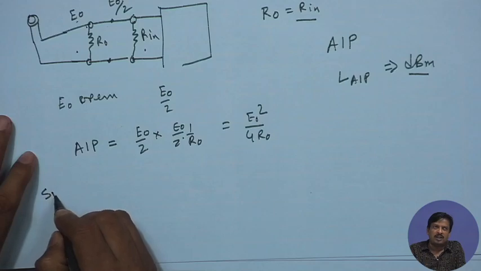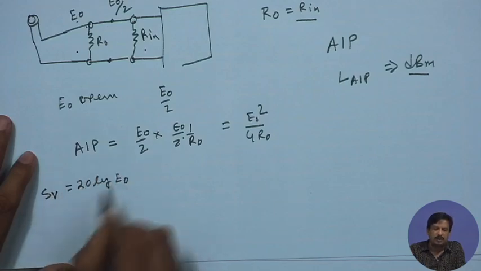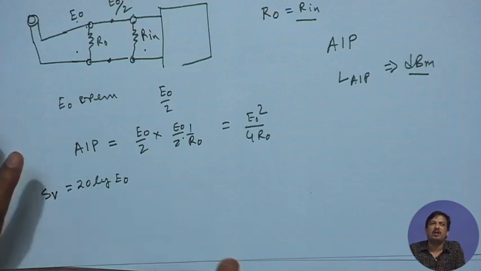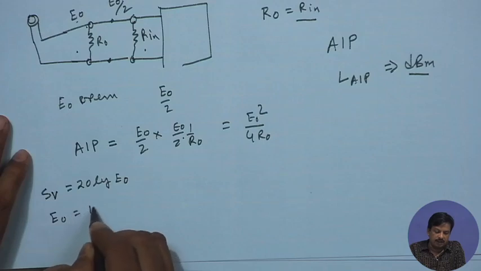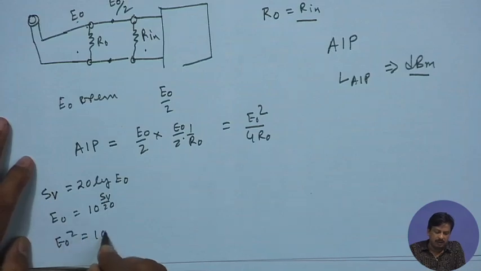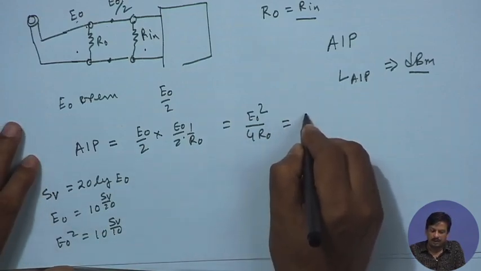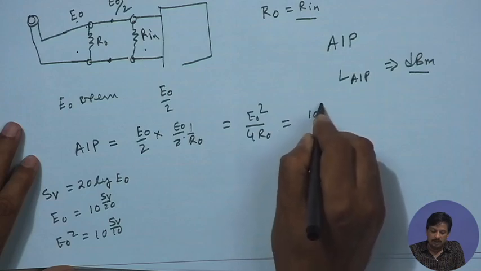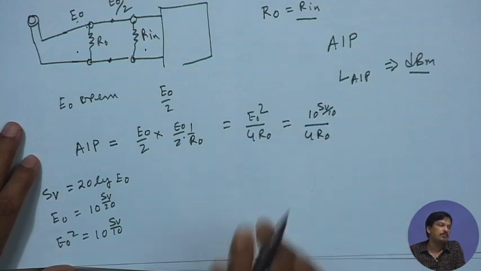If the voltage sensitivity of the microphone is SB, then 20 log E0 is SB. So, E0 is 10 to the power SB divided by 20. So, what is E0 square? It is 10 to the power SB by 10, since 20 means 10 after squaring. So, I can write it as 10 to the power SB by 10 divided by 4 R0.